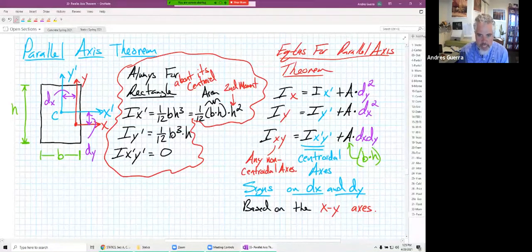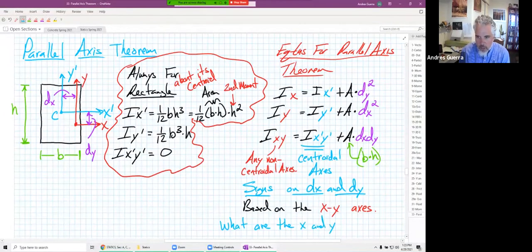And we just need to say, what are the coordinates of the blue axes? We need to ask ourselves, so what are the x and y coordinates of the x prime, y prime origin?